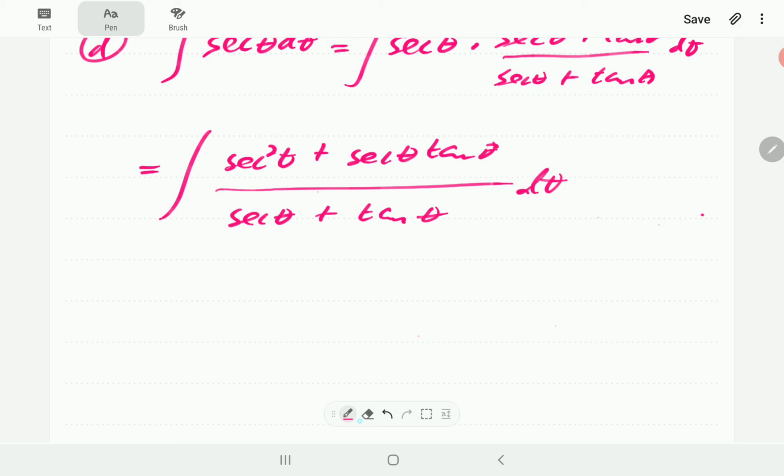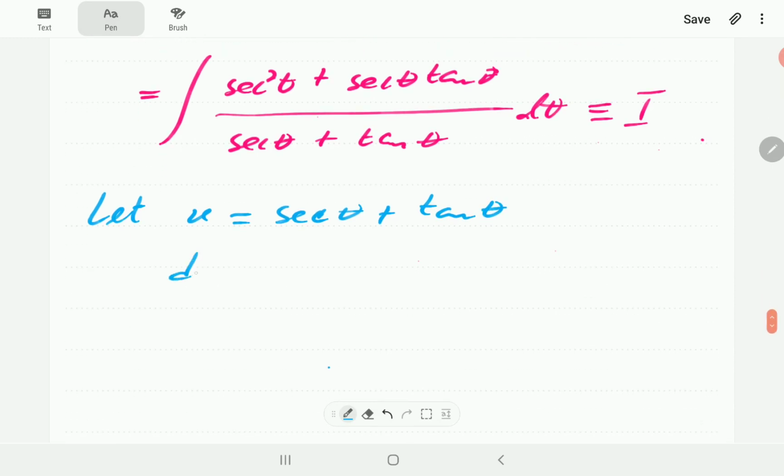Now notice that the derivative of tangent is secant squared. The derivative of secant is secant tangent. So what we are going to do here is we're going to let u be equal to the denominator, secant theta plus tangent theta, then du is going to be secant theta tangent theta plus secant squared theta d theta, which is simply the numerator.